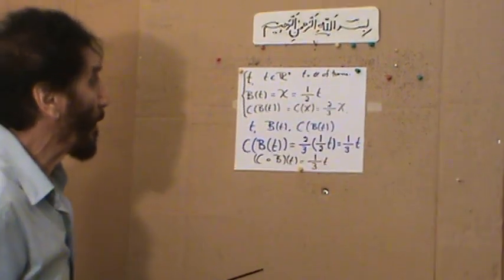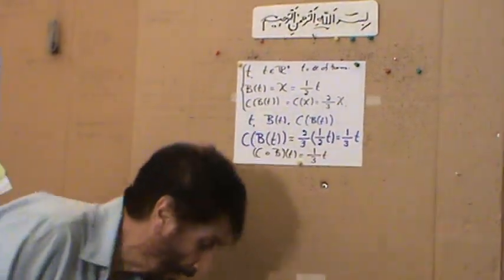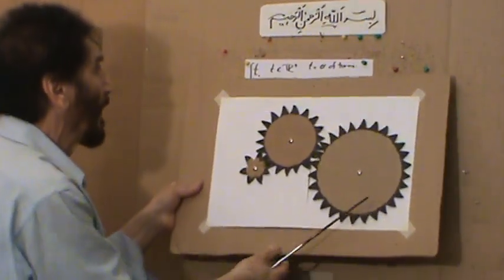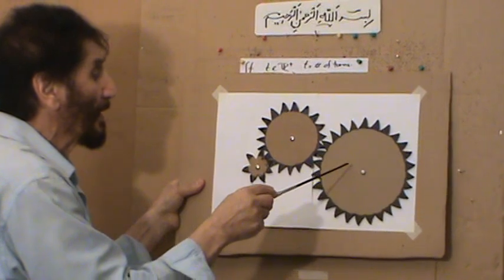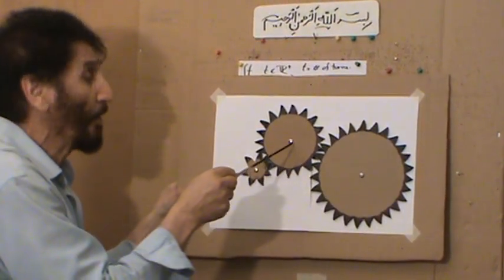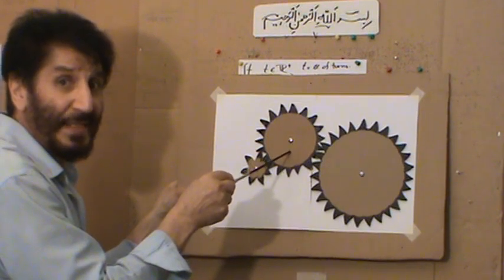All right? Now, the same is true with the C one. Let me go over that also. In the C case, as far as the rotation is concerned, C is a function of this gear.